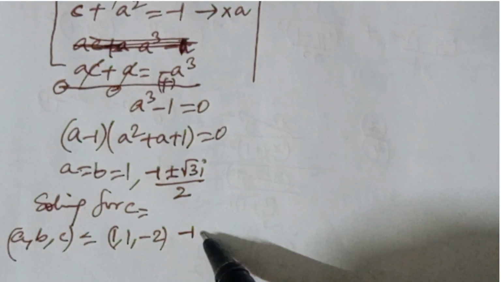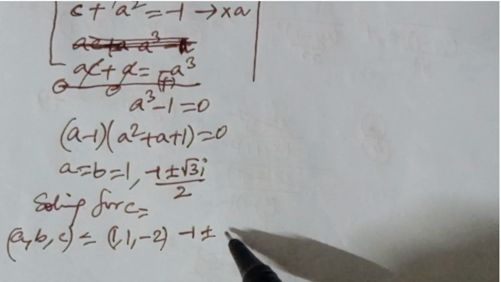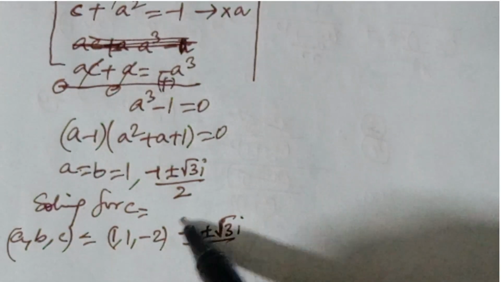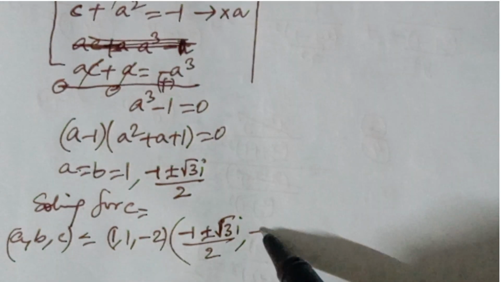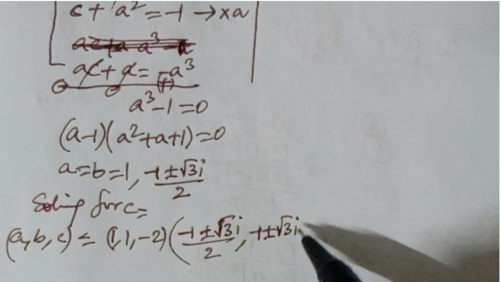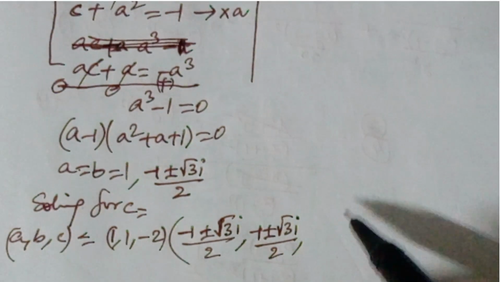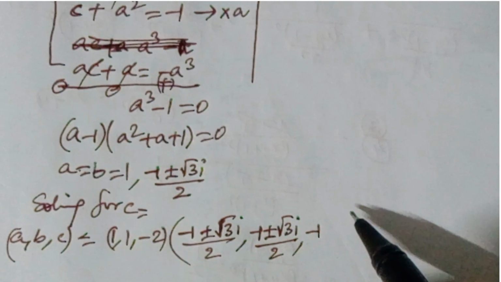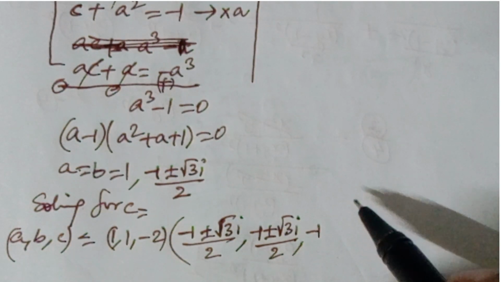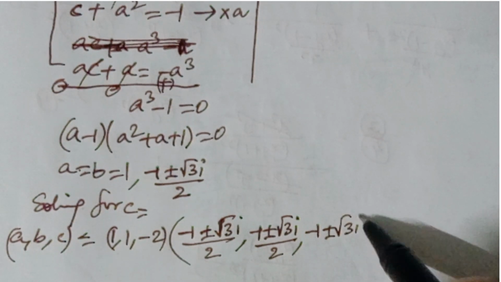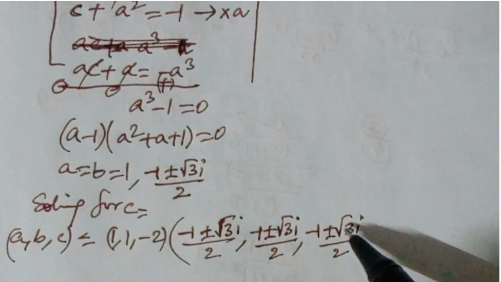Okay, -1 plus or minus root 3i by 2, -1 plus or minus root 3i by 2, comma, -1 plus or minus root 3i by 2.